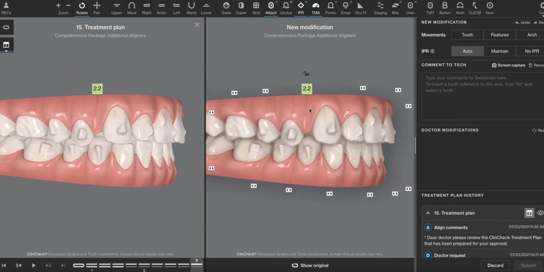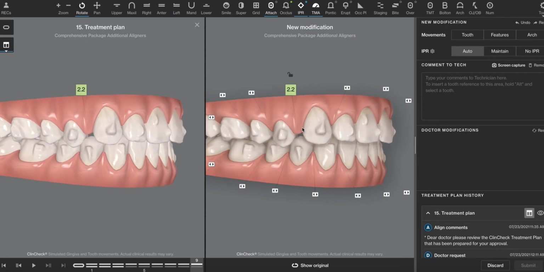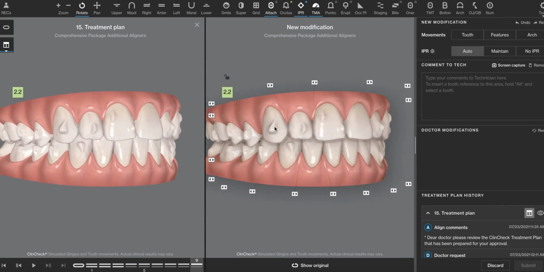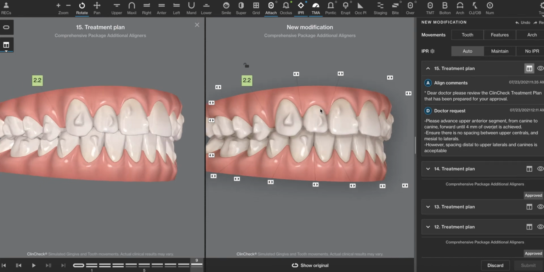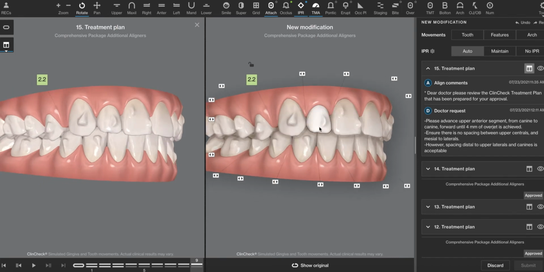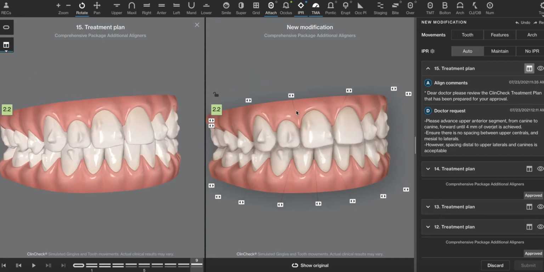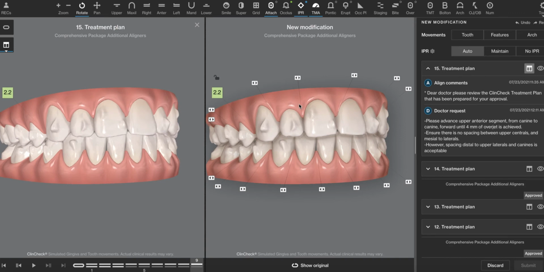It looks like they programmed quite a bit of the space on the distal of the canine. I had seen in your description that you said spacing distal to the upper laterals and canines is acceptable. I would just be specific on how much of that space you want distal to the lateral. I think the lateral is a little bit small here.